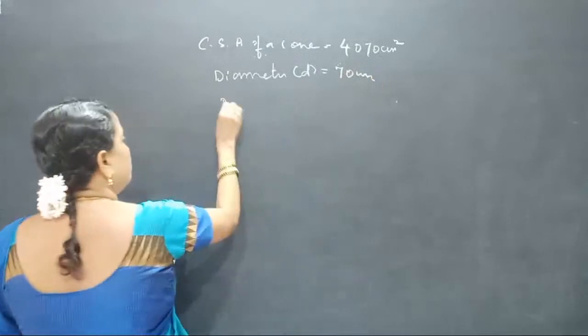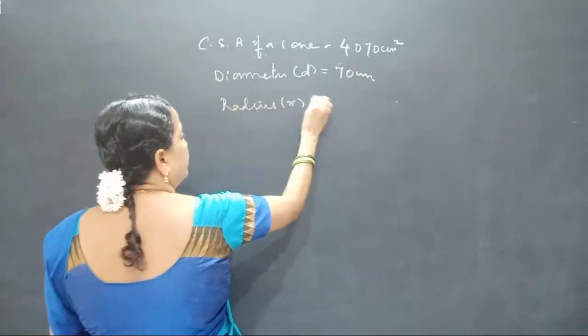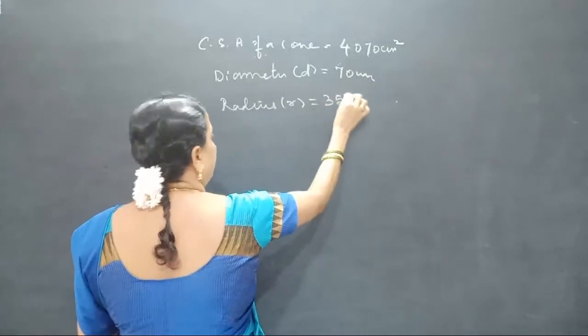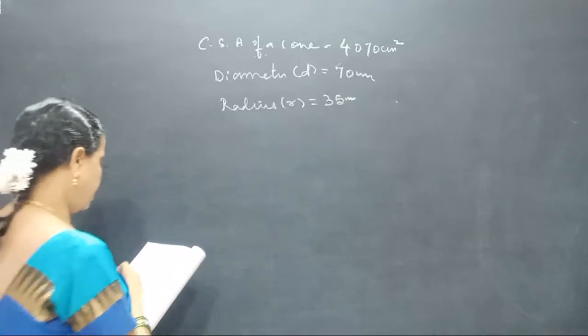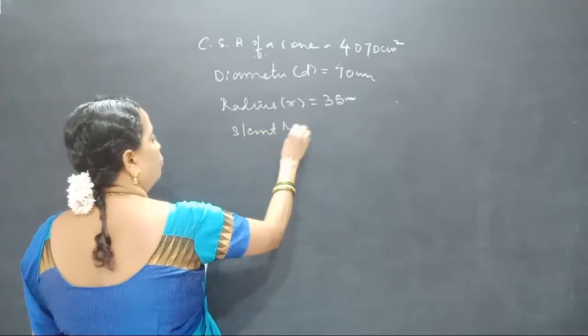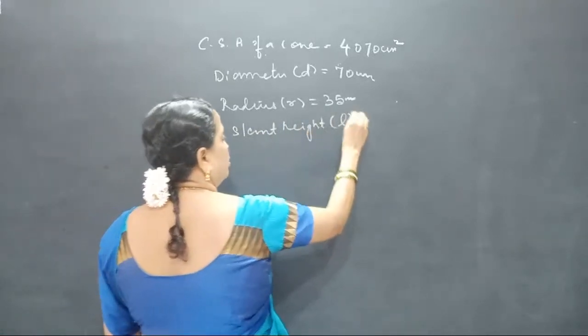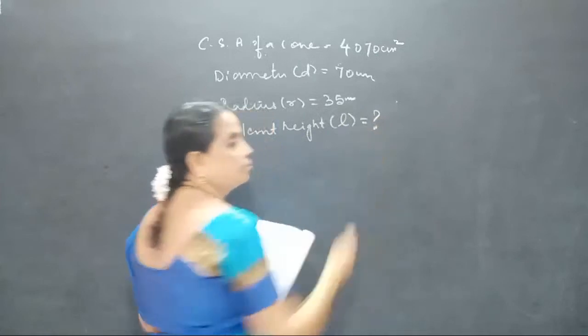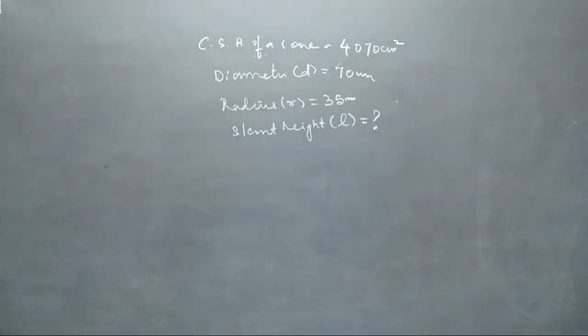So radius will be half of the diameter, that is 35 centimeter. What is its slant height? Substitute to the formula and obtain the value of L, slant height.